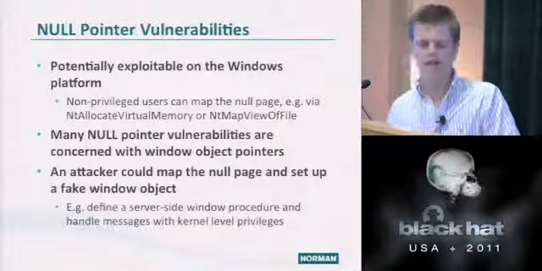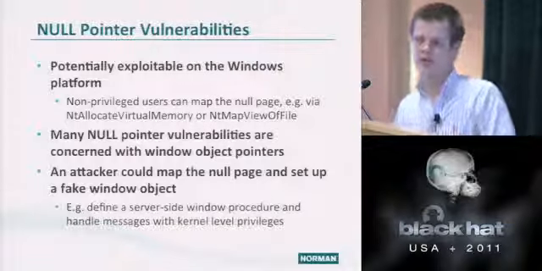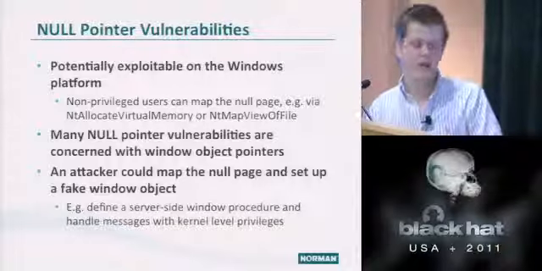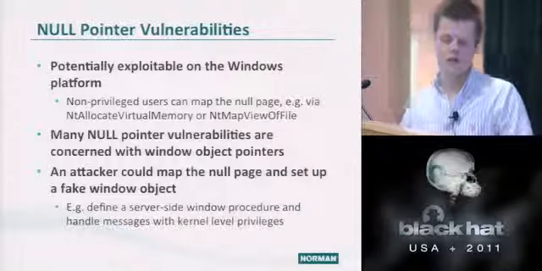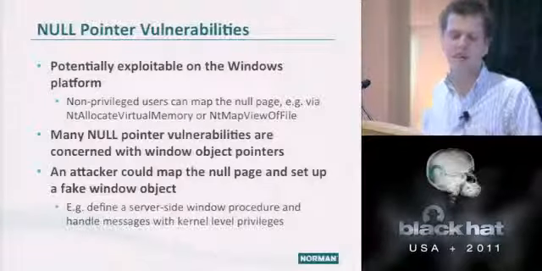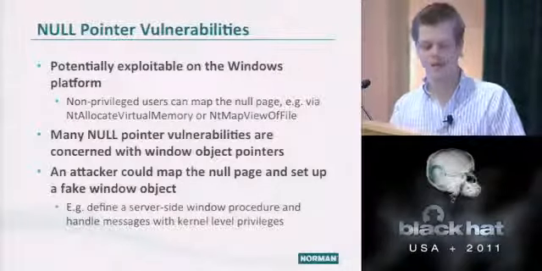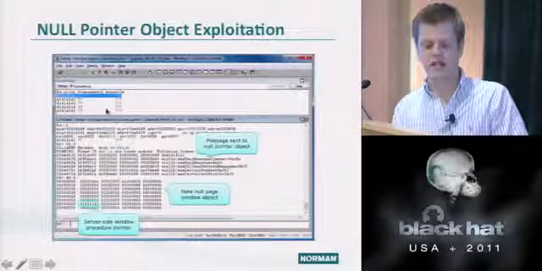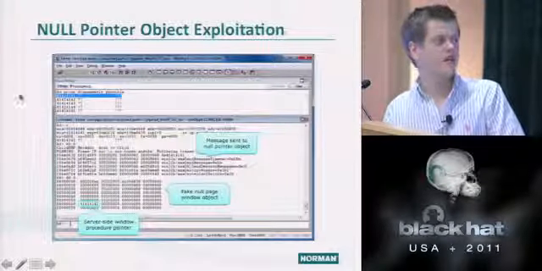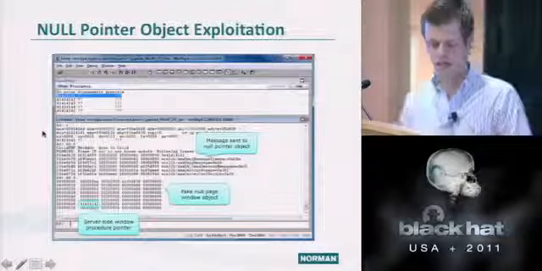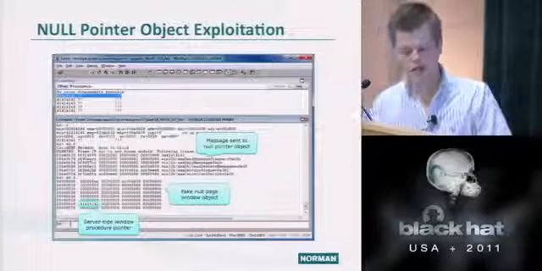So if you have a flag that says that the window procedure is server-side or kernel mode, you would actually be able to control the procedure and execute with kernel mode privileges on any subsequent message sent to that object. So this easily shows that in doing so, you'll be able to instantly get arbitrary kernel code execution.